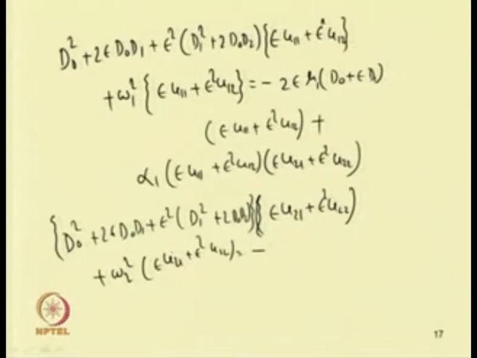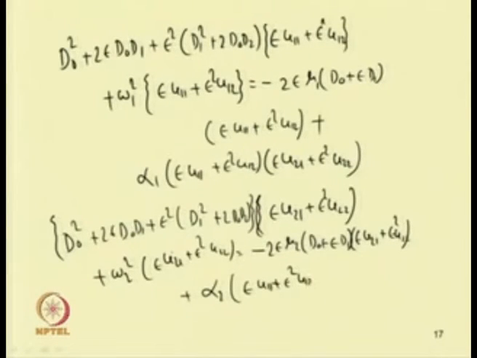This will be equal to minus 2 epsilon mu 2 (d 0 plus epsilon d 1) into (epsilon u 2 1 plus epsilon square u 2 2), plus alpha 2 into (epsilon u 1 1 plus epsilon square u 1 2) into (epsilon u 1 1 plus epsilon square u 1 2).